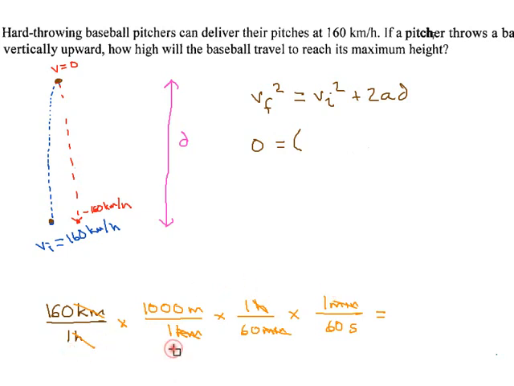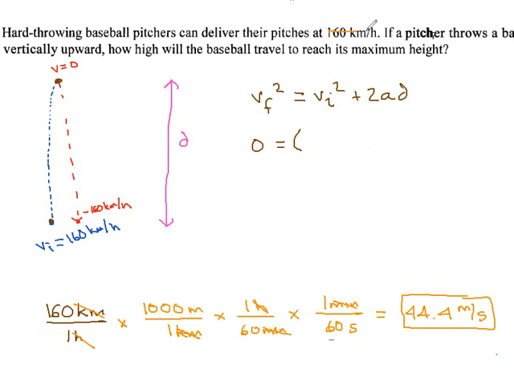Divided by 1, divided by 1, those don't matter either. Divided by 60 and divided by 60. So on the calculator, the ones that actually matter are 160 times 1,000 divided by 60 and divided by 60 again. And when the dust settles from all that, we find out that 160 kilometers per hour is 44.4 meters per second.